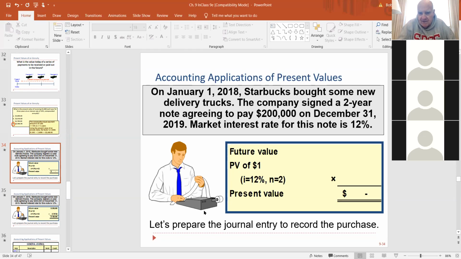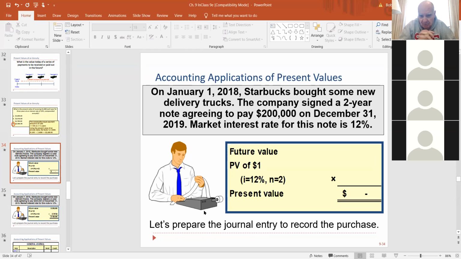So we can't debit delivery trucks now for 200,000 because that's not the present value. We have to debit delivery trucks now for the present value of $200,000 for 2 years at 12%.